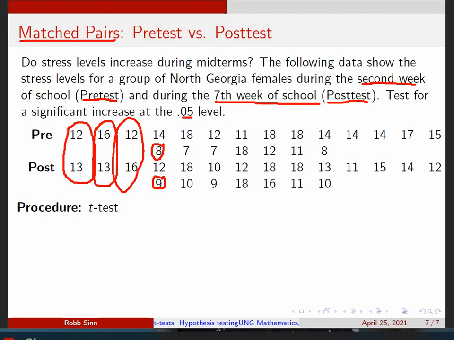Okay. So what I think of when I have pre and post is a gain score. Sorry, I'm not great at writing with this pen. All right, and gain equals post minus pre.